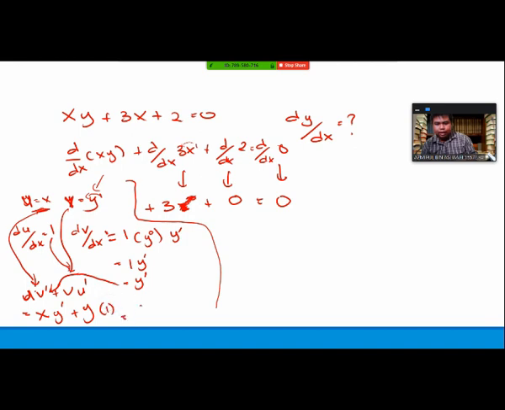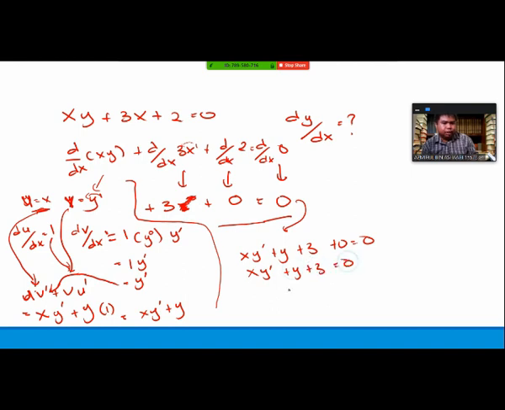So you will get x y prime plus y. Okay, so from this case, what you will get is x y prime plus y plus 3 plus 0 equal to 0, or you can say that x y prime plus y plus 3 equal to 0.